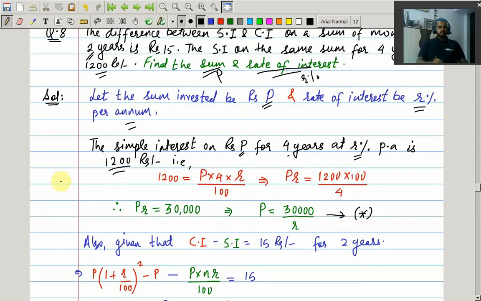So from the formula of simple interest, SI is equal to P into R into N upon 100, I got 1200 equals P into R into 4 upon 100. Here 4 is the number of years, and R is unknown.